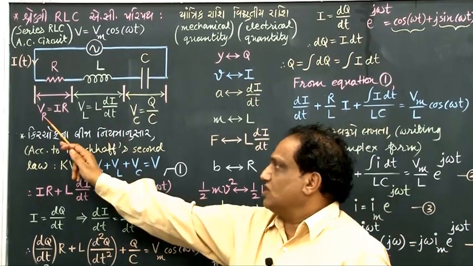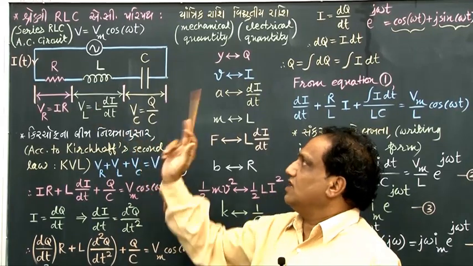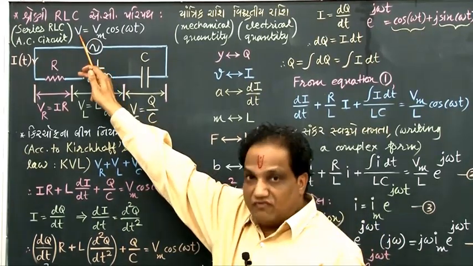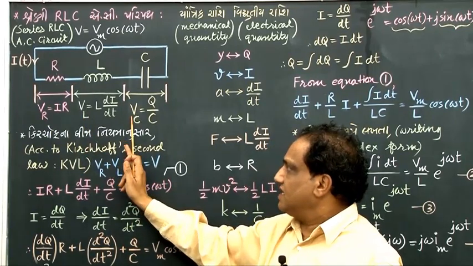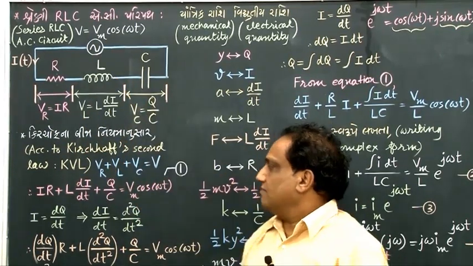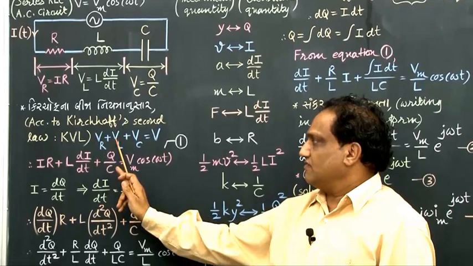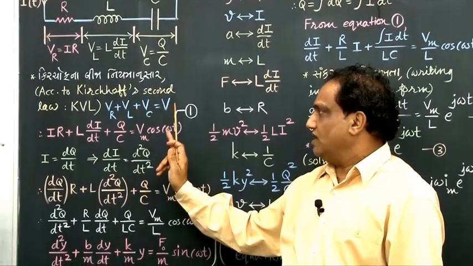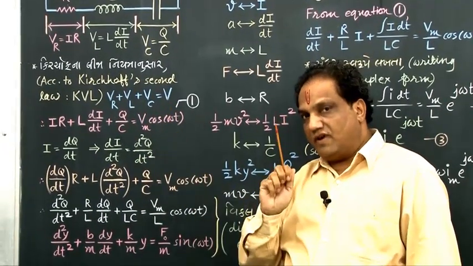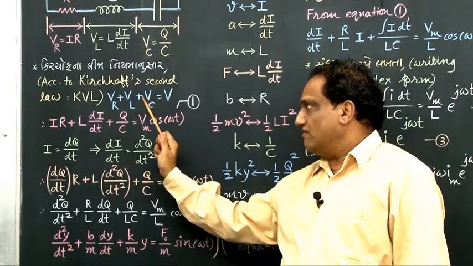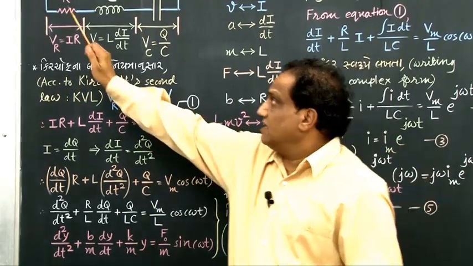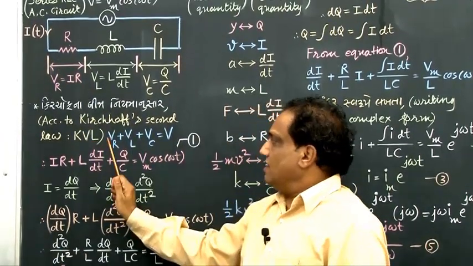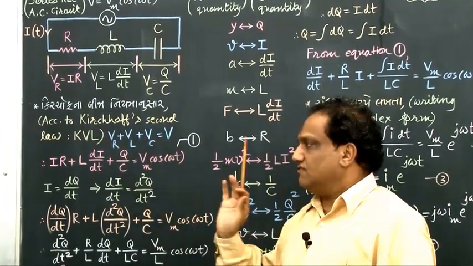So VR plus VL plus VC should be equal to V. Mind well, these all voltage values are instantaneous. We are talking about instant t, correct? So these all are instantaneous voltages.